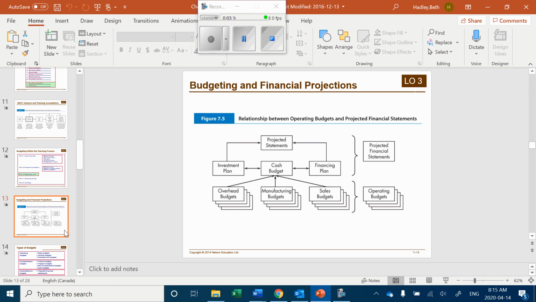Okay, when we look at it, if you can see here, the bottom row, that's where we start. So the sales budget, and just like we talked about, what do we think the market can support for the selling price to the customer? How much do we think our customer is willing to pay?